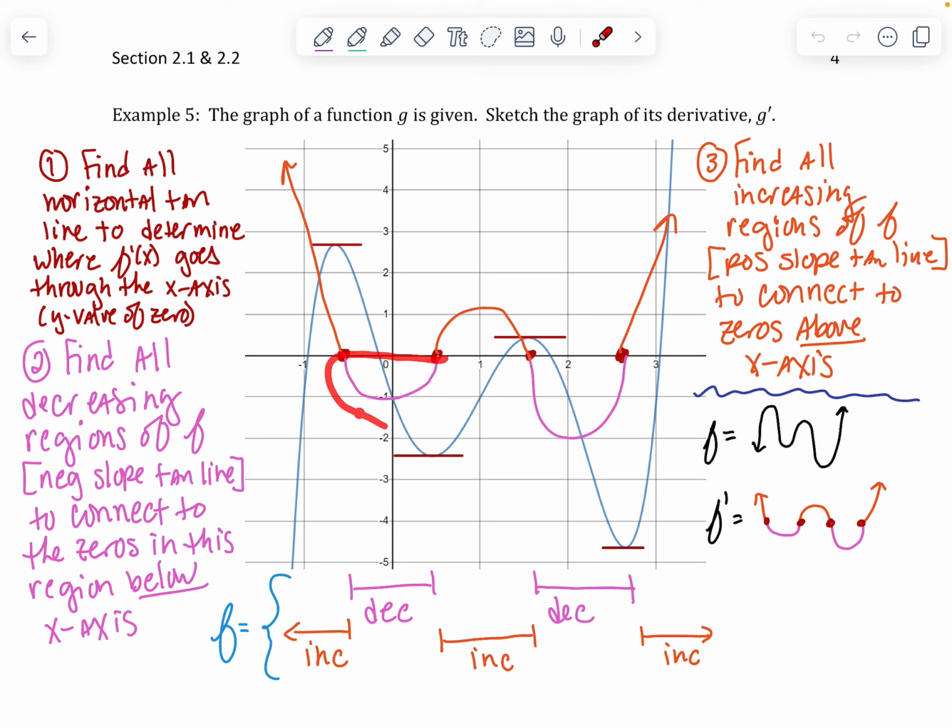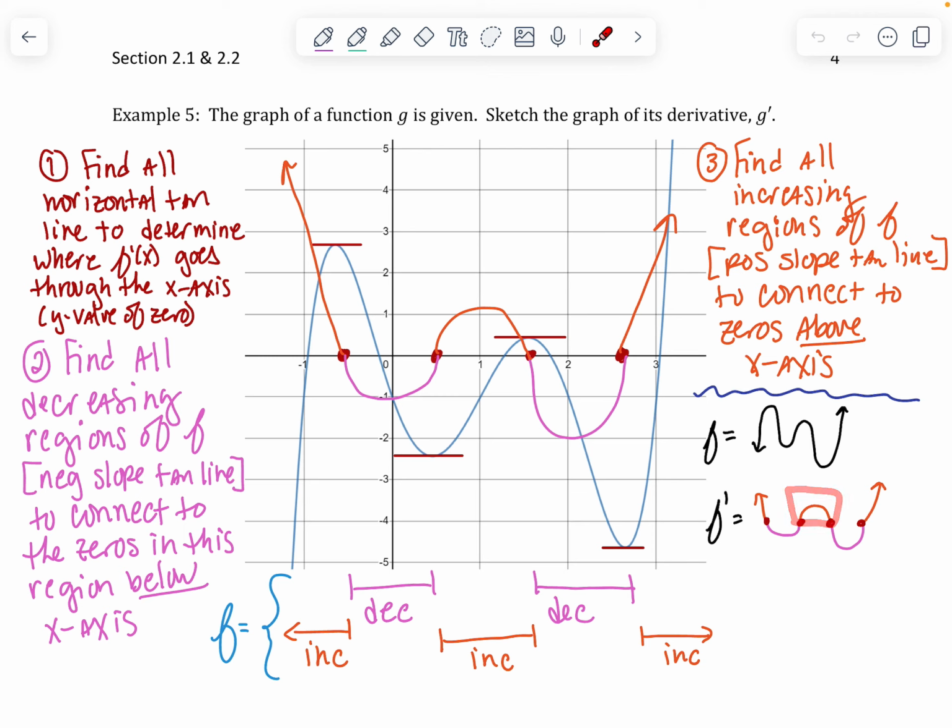That means all of the graph should be below the x-axis. I chose to make it kind of a shallow connection piece, but so long as it's connecting those 2 points below. Then I'm headed uphill until I hit the next horizontal tangent line, so the rest of the graph is above the x-axis.